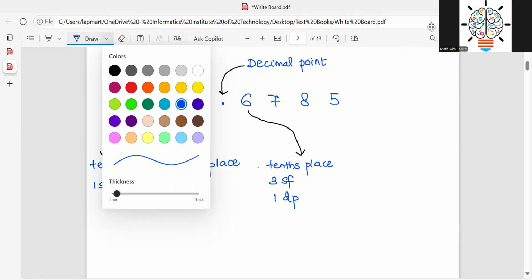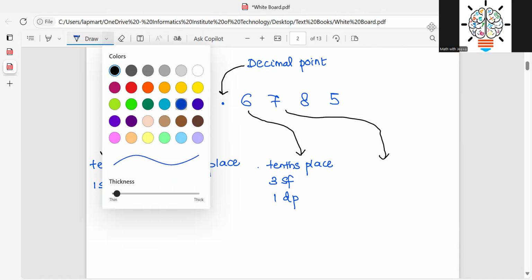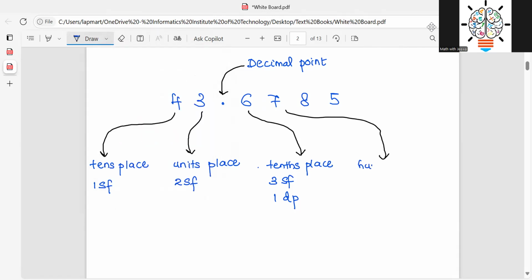right? So then if I take another number, how do you write this? So then you can write this is the hundredths place, fourth significant figure. And then this is 2dp. Right?